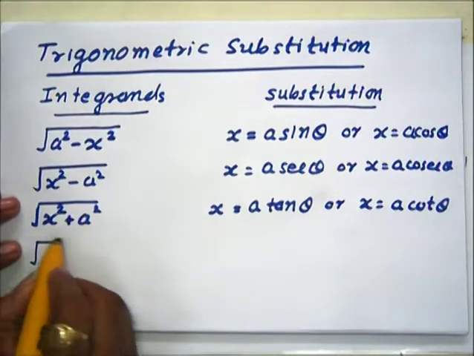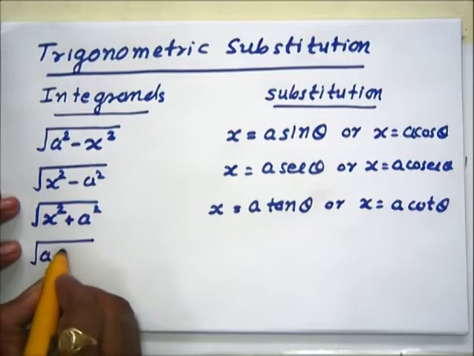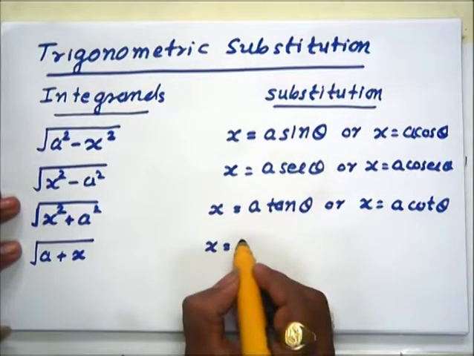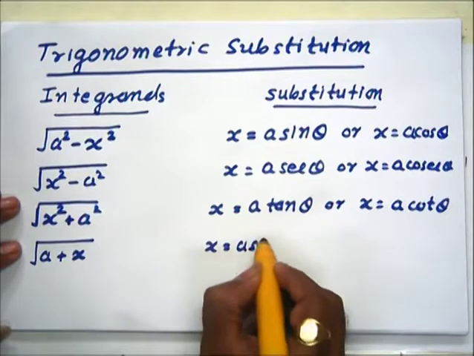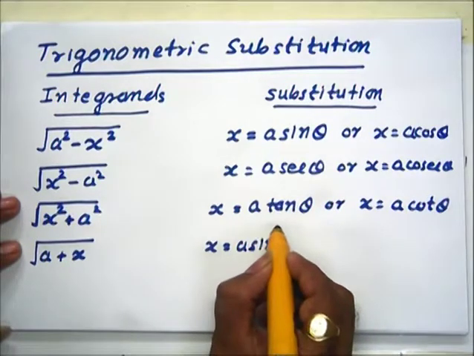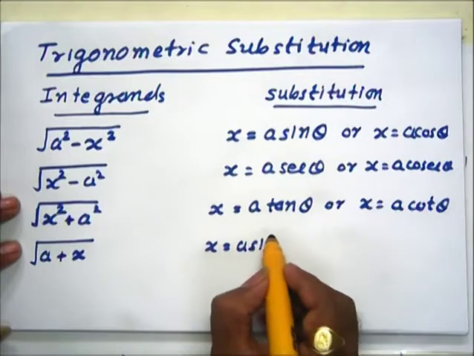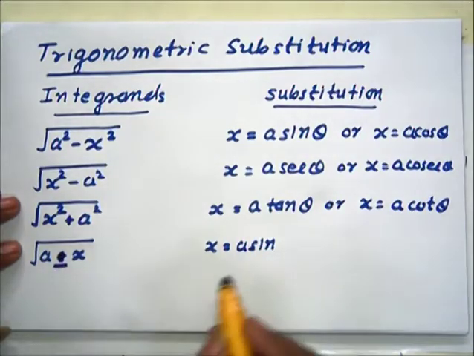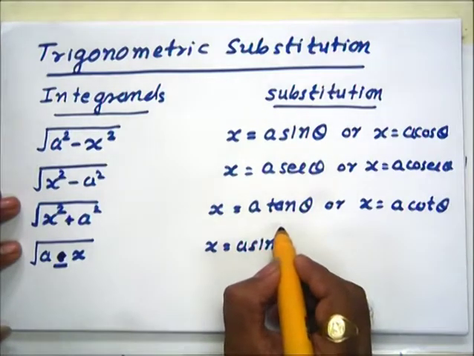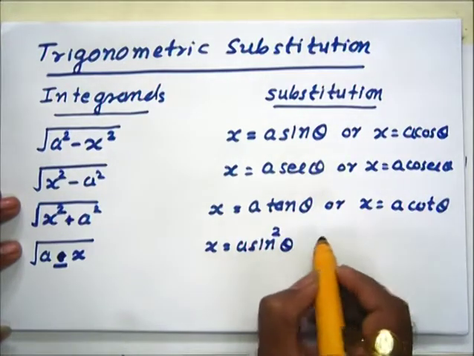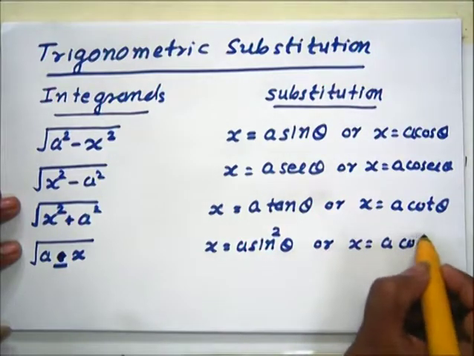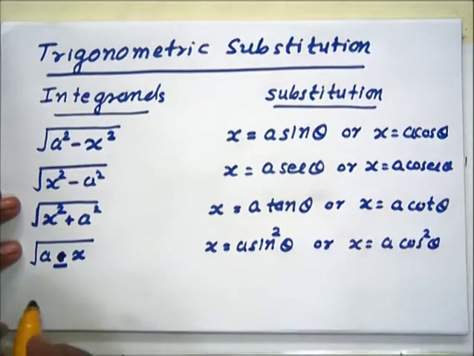If the integrand is of the form a minus x, then take x equal to a sin square theta, or x equal to a cos square theta.